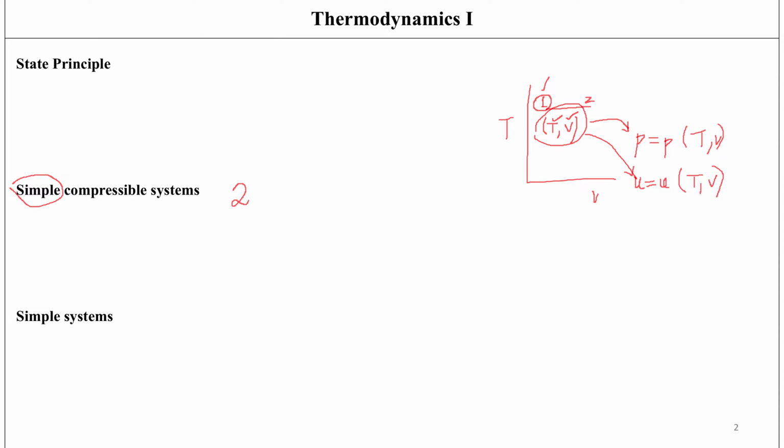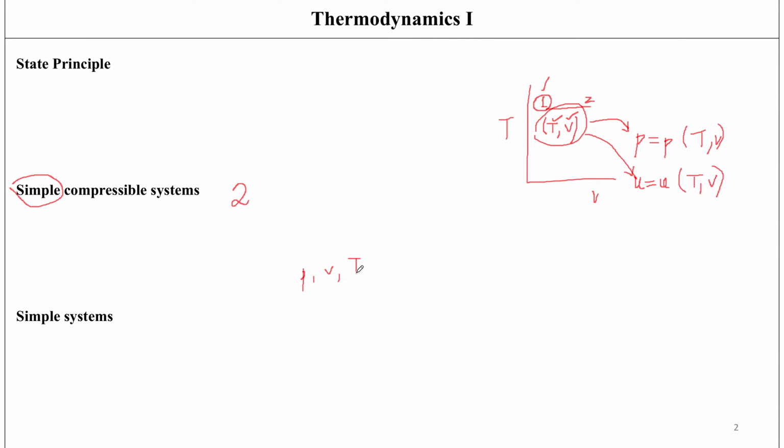So we're going to start off by talking about the properties of pure, simple, compressible substances, and we are going to find out the relations between properties like pressure, specific volume, and temperature. So three properties we're going to be looking at: pressure, specific volume, and temperature.